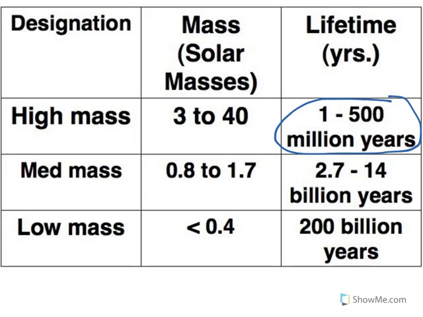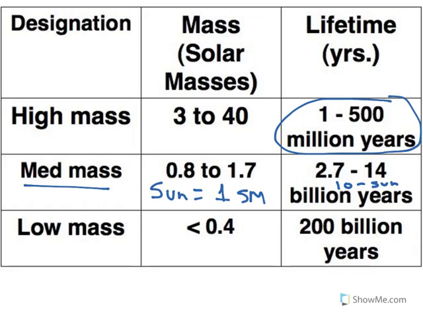Now our sun falls in the middle category because our sun has a mass of 1 solar mass, and so we're in this middle. And so you can see the range, 2.7 to 14 billion years. Our sun is about 10 billion years.